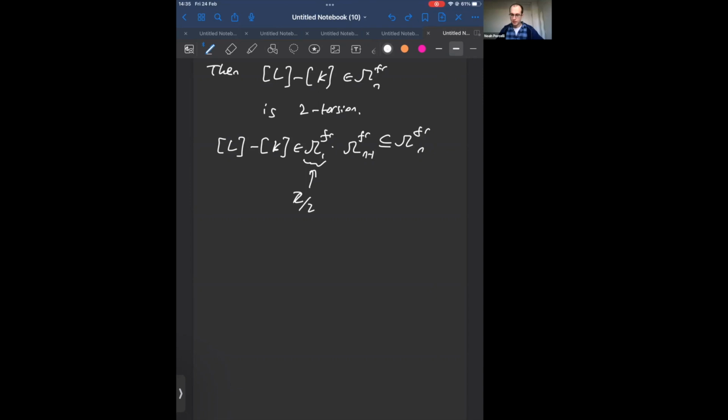And we had these big, scary assumptions, but these can be verified in some situations, so we can get some more concrete corollaries of this.